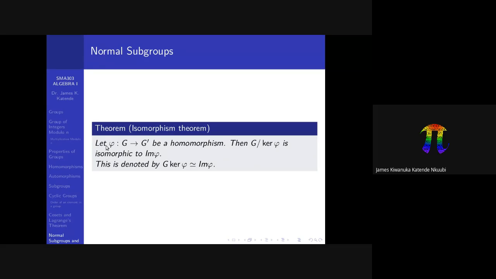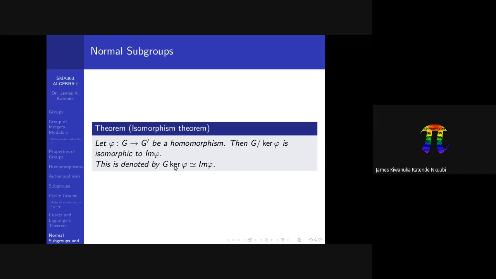So what does it say? It says if you have a map, a homomorphism from G to another group, G prime, then this factor group will be isomorphic to the image of the homomorphism. So the image is a subset of G prime, and we claim that this factor group, the set of all left cosets of the kernel of the homomorphism in G, will be isomorphic to the image of the homomorphism.